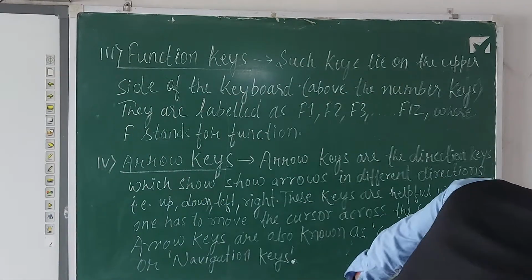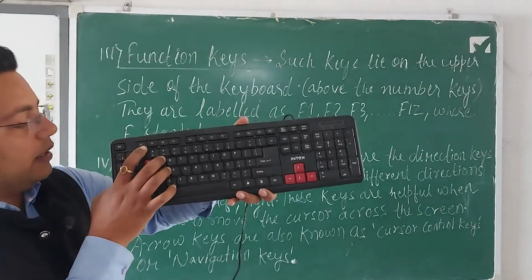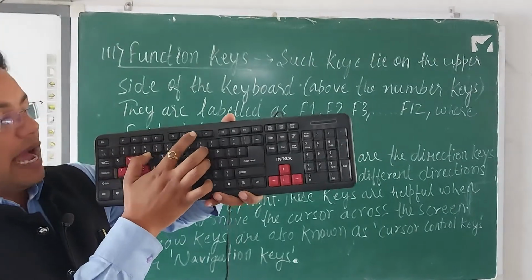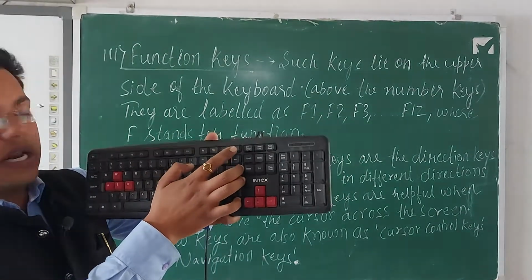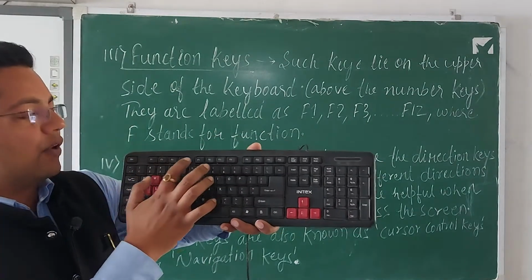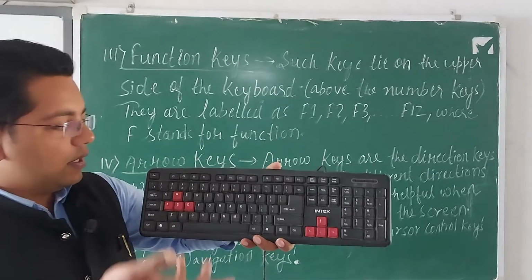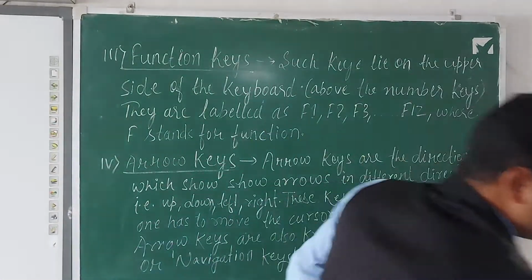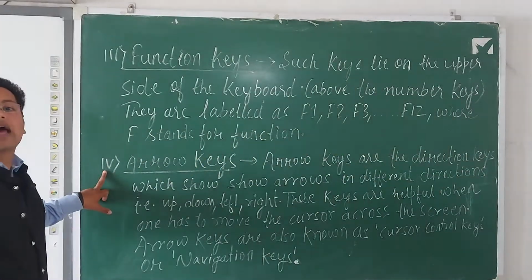You can see, dear children, here, okay, see, the various function keys are present, that is F1, F2, F3, F4, F5, F6, F7, F8, F9, F10, F11 and F12. So different function keys are for various purposes. Okay, we will understand, but in the practical class. Okay. Next, the fourth one is, that is arrow keys.